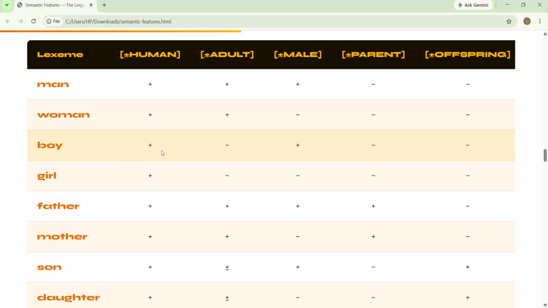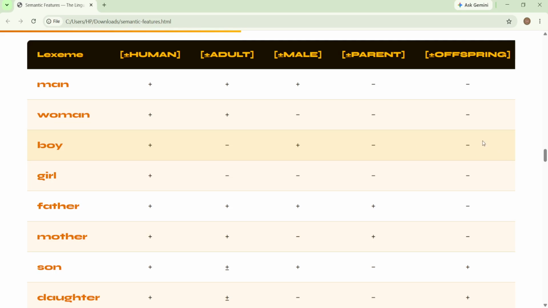So then move on to the boy. Positive as human. Then adult. Oh, not an adult. Male, yes, boy is a male. Parent, no, negative. Not all boys become parents at this age. So we're taking it as a negative.